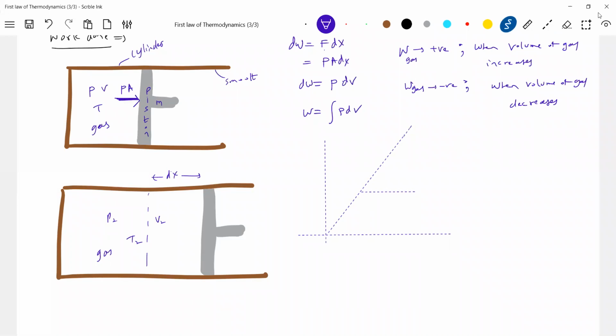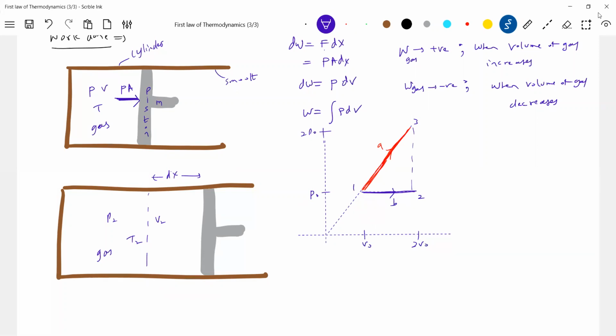There are two paths, and we'll take path A. The pressure here, let it be P naught, then 2 P naught. Volume V naught, then 2 V naught.